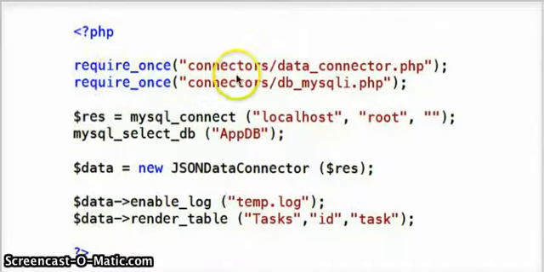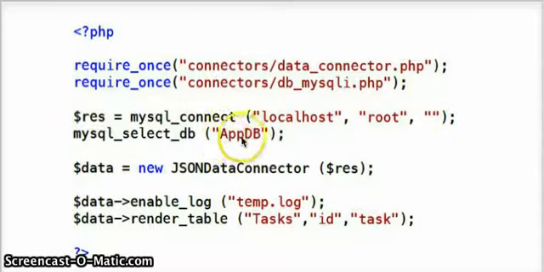Here, it requires two PHP libraries, connectors/data_connector.php, which is available with DHTMLX Touch framework, and connector/db_mysqli.php. Here, what I'm doing is I'm connecting to a MySQL database. This is the server location or the IP, this is my username, and this is my password.